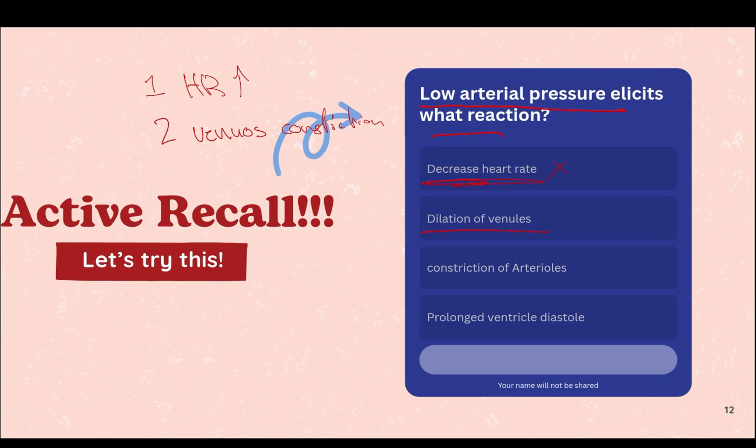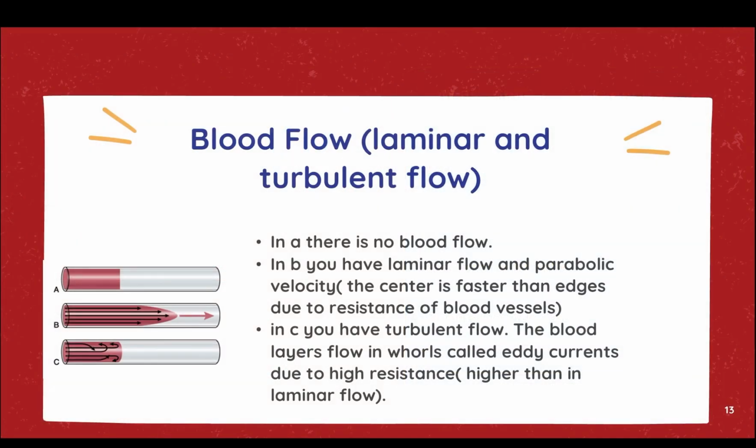So dilation of the venules or veins, that's not going to work. Then the third one is constriction of arterioles. That is going to accumulate the blood in the arteries. Excuse my bad handwriting. So obviously, this one's the correct one. Prolonged ventricular diastole has nothing to do with this.